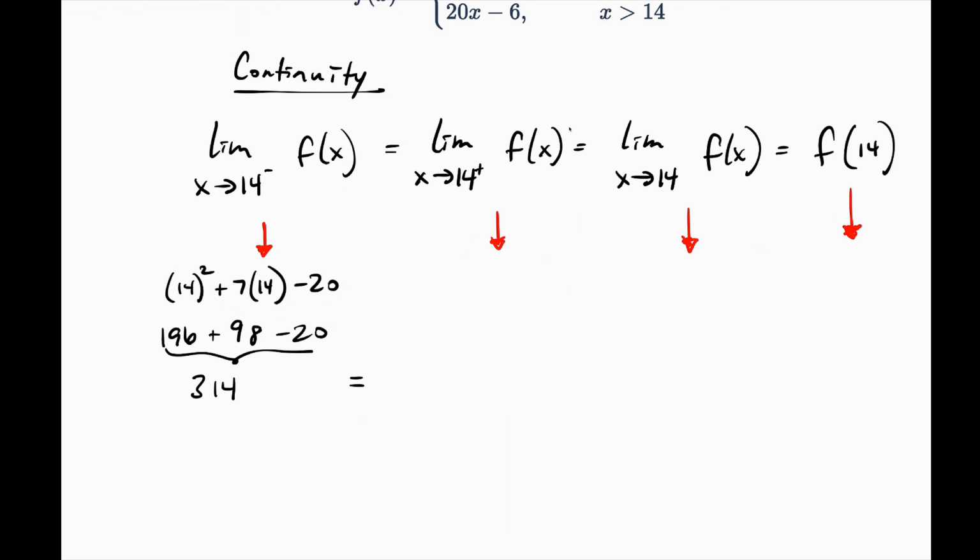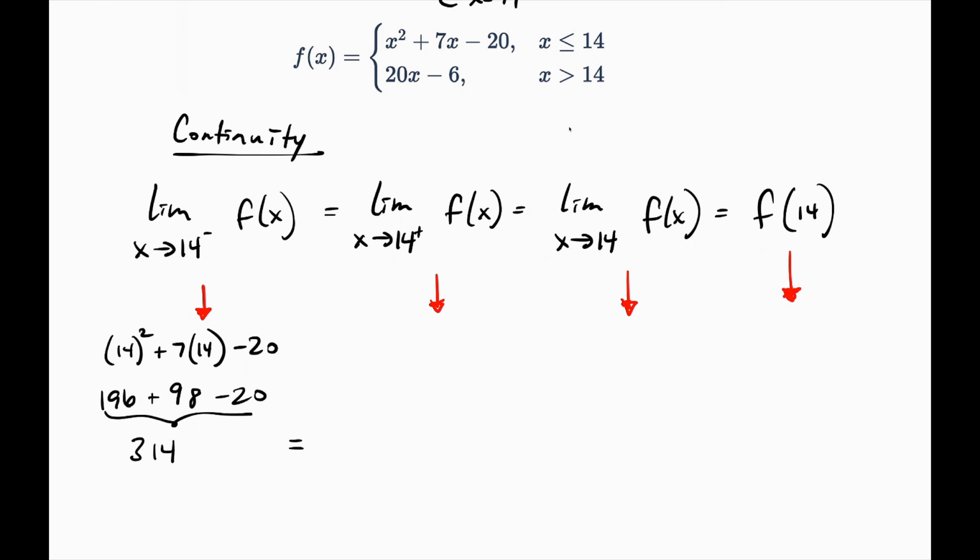All right. We have to check to see if that's equal to the next limit, the limit as x approaches 14 from the right. So I'm going to plug in 14 for which one? To the bottom one, yep, to the bottom one. So plug in 14 there. So 20 times 14 minus 6.